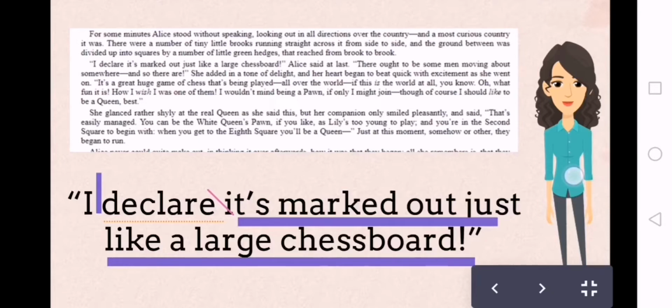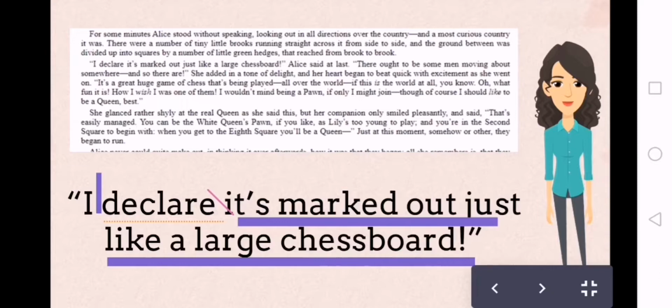To know the function, we have to identify the subject and predicate. The subject is "I," and the predicate is "declare it's marked out just like a large chessboard," since the main verb is "declare."